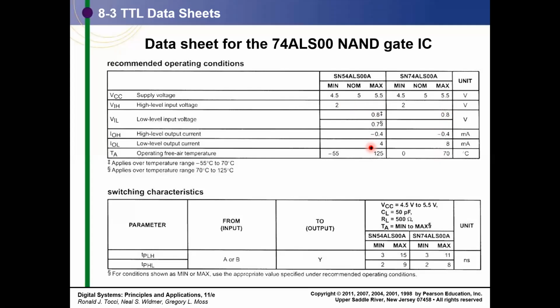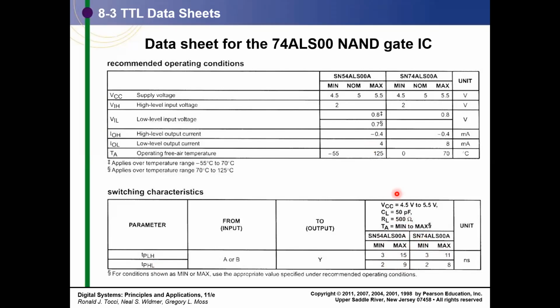Then the switching characteristics, what you are interested in, the propagation delays. The tau p LH is when the output goes from low to high, and then high to low. You can see the values over here. Now this is your 5.4 series, this is your 7.4 series.